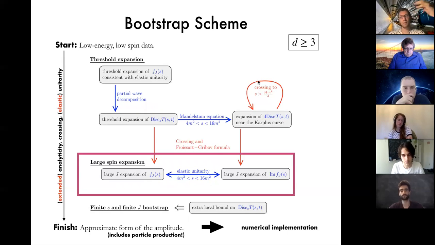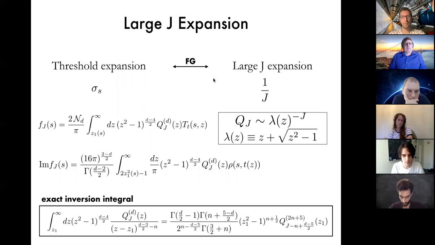Now this is a structure close to threshold. Now you can use the Froissart-Gribov formula and crossing again to map it to the large spin expansion of the partial waves. This is very symmetric, similar to the CFT bootstrap. What happens is that if you plug the threshold expansion into the Froissart-Gribov formula, it generates a 1 over J expansion. I will not say much about it.